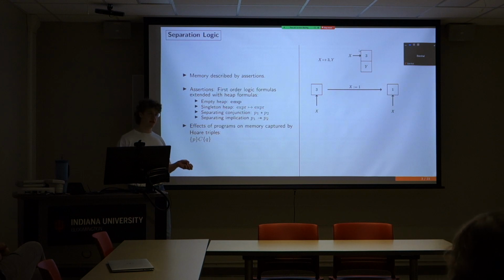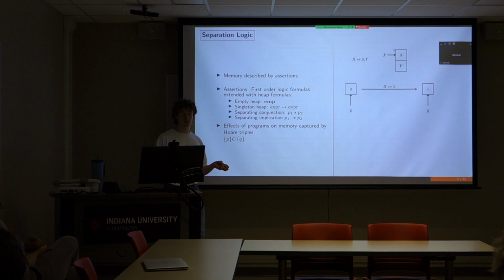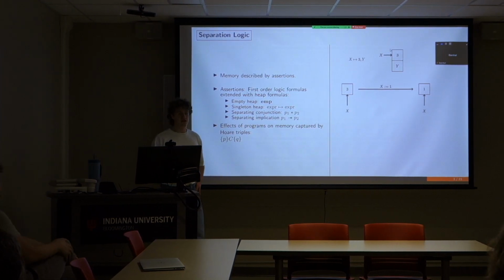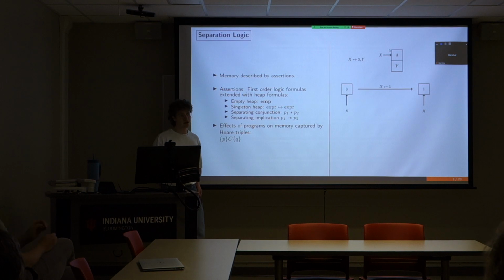It describes the state of the memory before execution of the program. Then we have C. C contains a specification of the program. This can be a sequence of commands. And we say that the Hoare triple is valid if for the precondition P, after we execute the program specified by C, we arrive in a state of the memory that is described by a set of assertions Q.